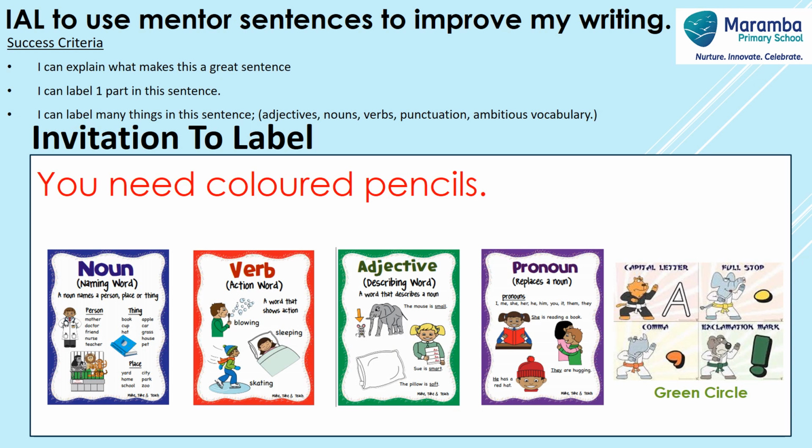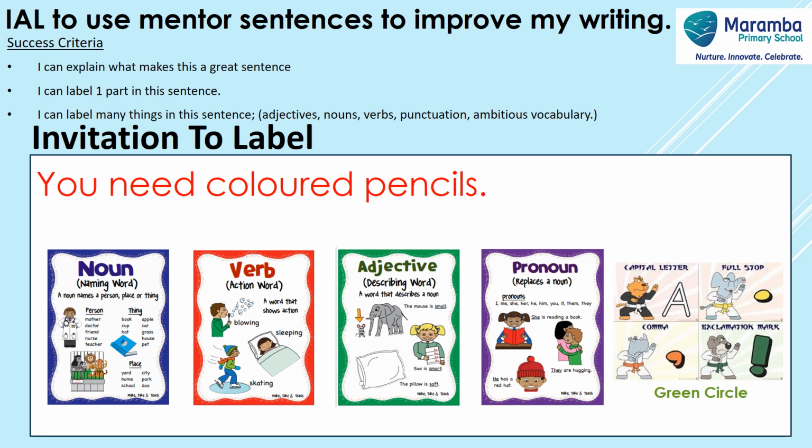Now, you will need your coloured pencils. If you found a noun, that would be a name of a person, a place, or a thing, you need your blue pencil, and you can colour in that word that you think is a noun.